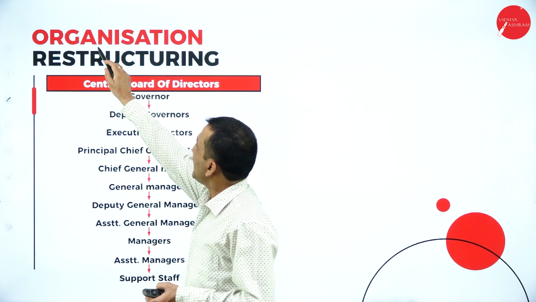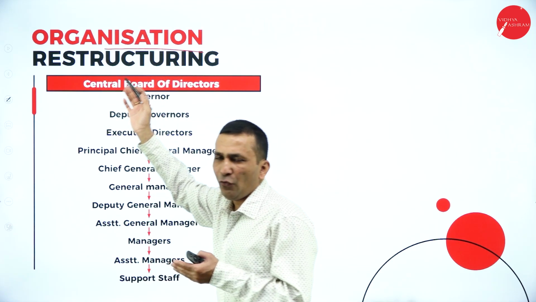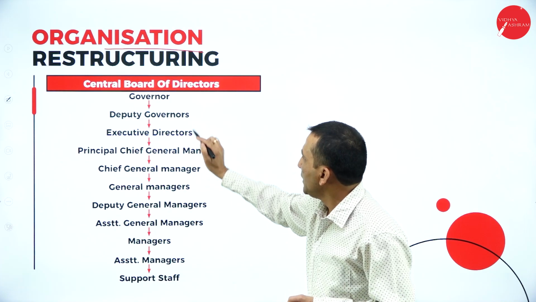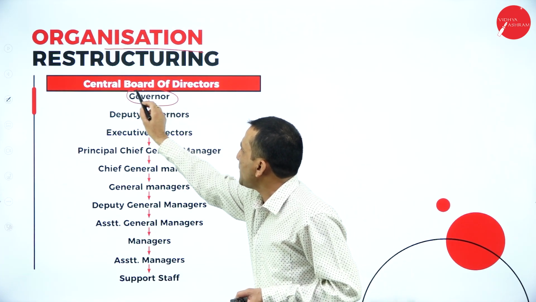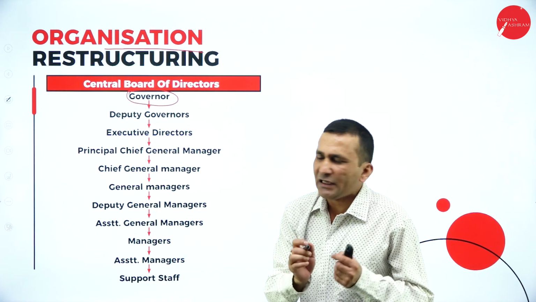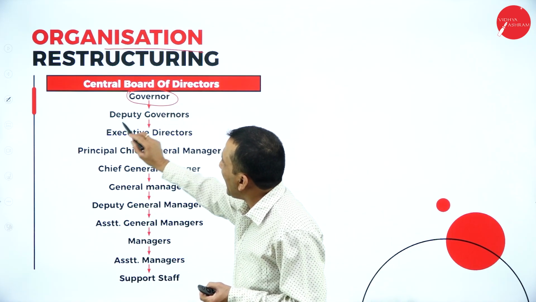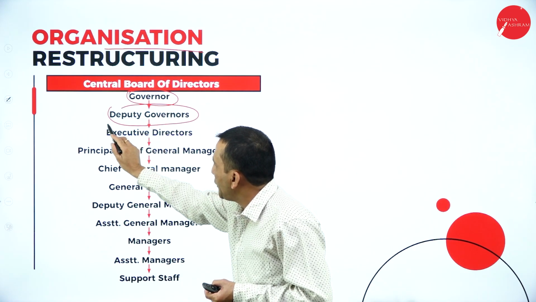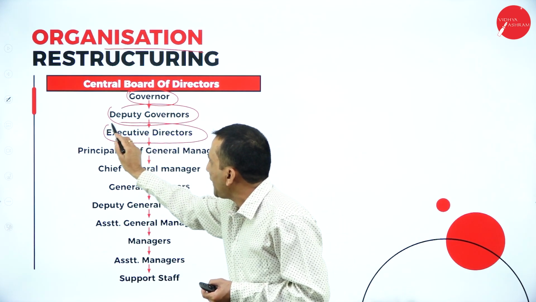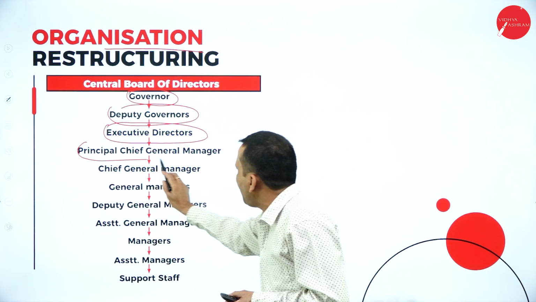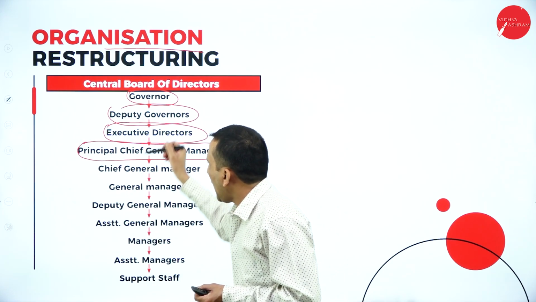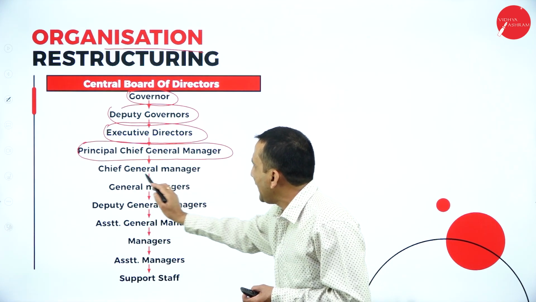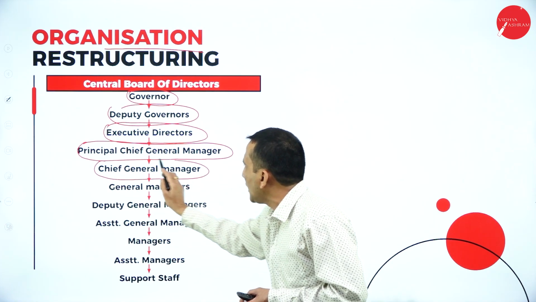Under the organization structure, this is how the flowchart looks. The main power and responsibility is taken by the governor, which is delegated to the deputy governor. Then you can find the executive director here, and the principal chief general manager. Under the principal chief general manager, chief general managers are working.